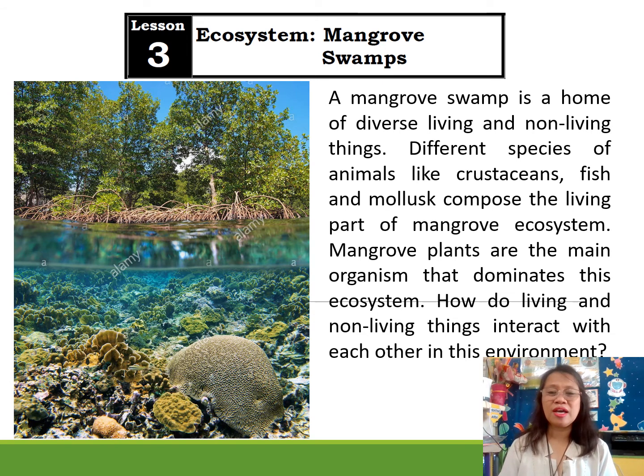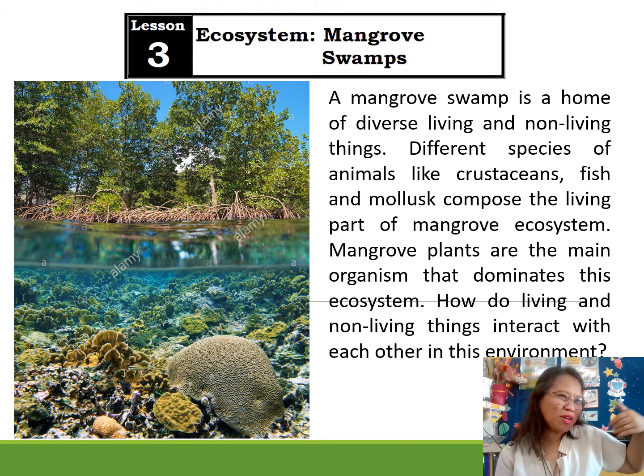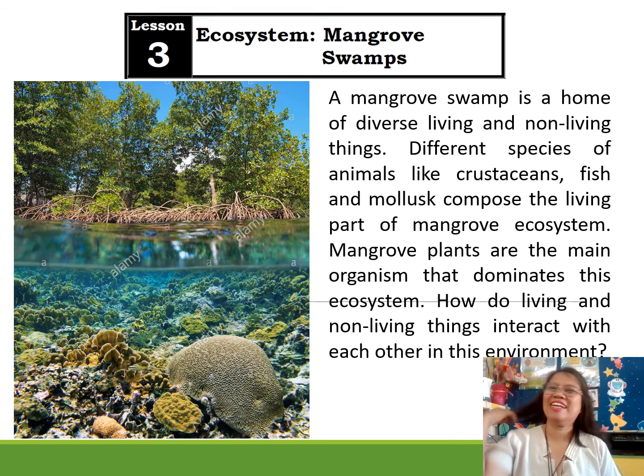How do living and non-living things interact with each other in this environment? So, class, there are mangroves in Naungan, at the tip, there are many mangroves. Later on, I will show you the mangroves in Naungan.